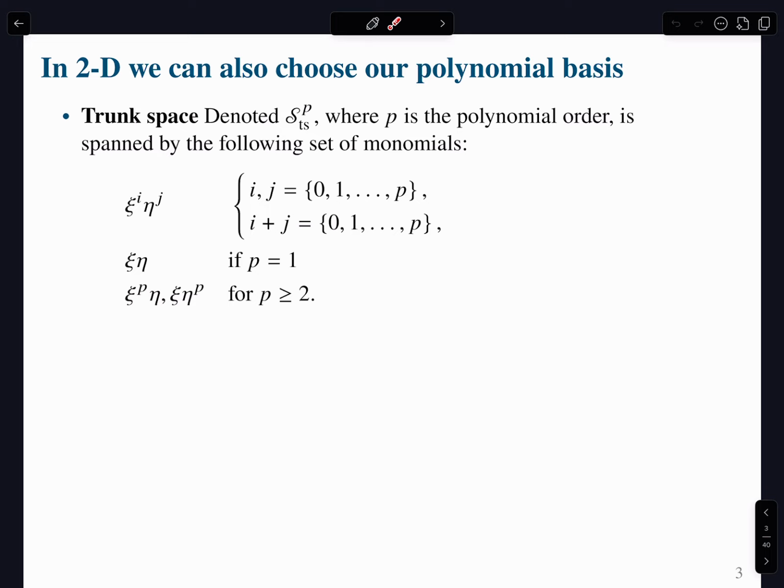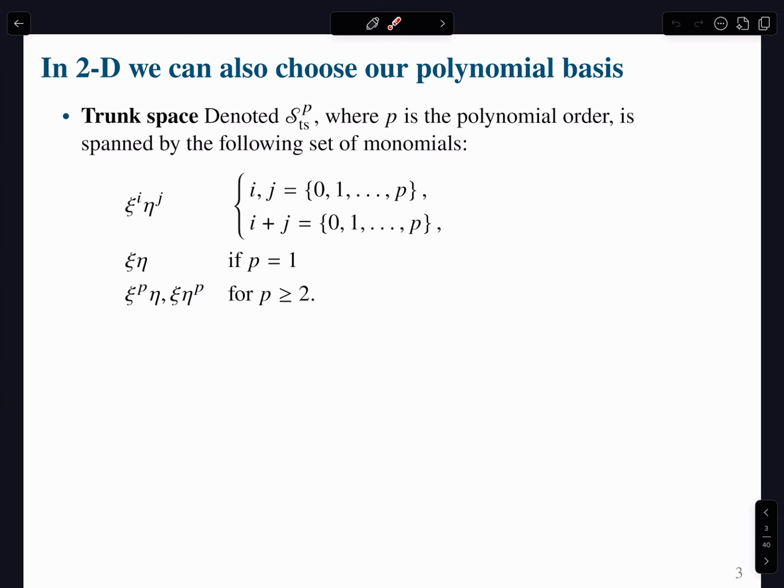And don't pay too much attention to the formula, because what I want you to learn about this trunk space, we're going to visually see what is the space that is spanned by these bases in the Pascal triangle in a couple of minutes. And then, well, the second one is ξ η, and then you have this ξ to the power of p η, and then ξ η to the power of p for p greater than or equal to 2.